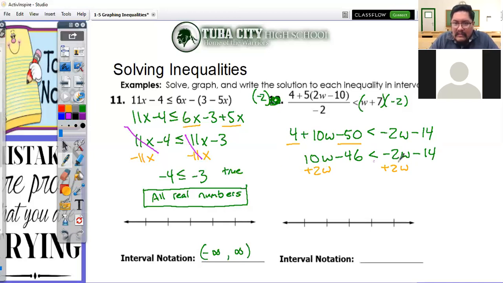And since I canceled something on this side, I'm going to have to cancel something on this side. 12W less than 46 minus 14. That would be 32. Now it looks like if I divide this, I'm not going to get a nice number. So I'm going to have to work as a fraction.